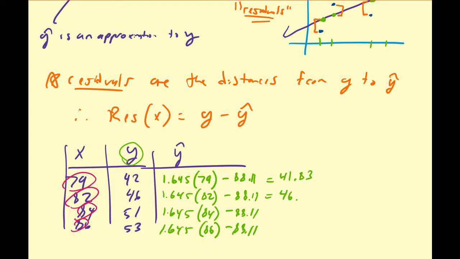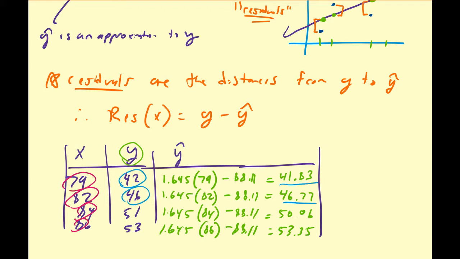46.77, 50.06, and 53.35. So these are our y hat values. Notice that the values of y and y hat should be relatively close to each other because this is the line of best fit. The residuals of our particular x values are the distance between y and y hat, so by definition y minus y hat.